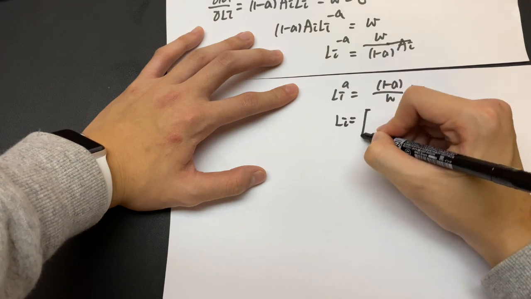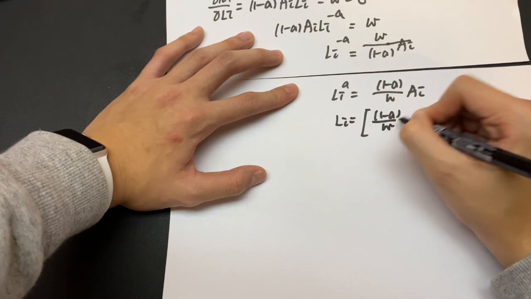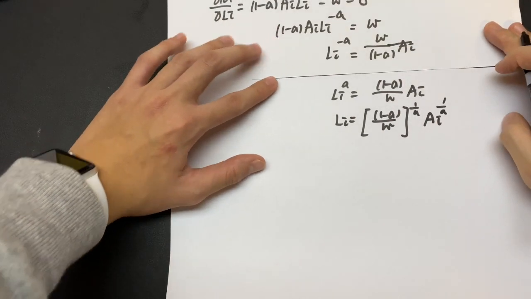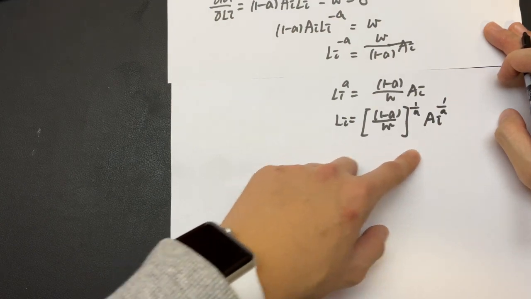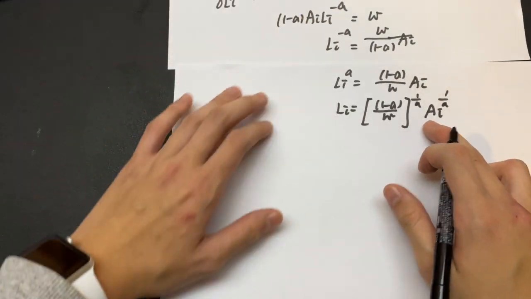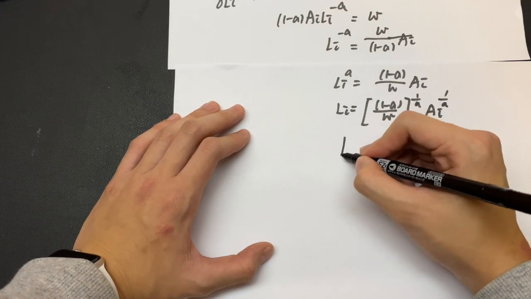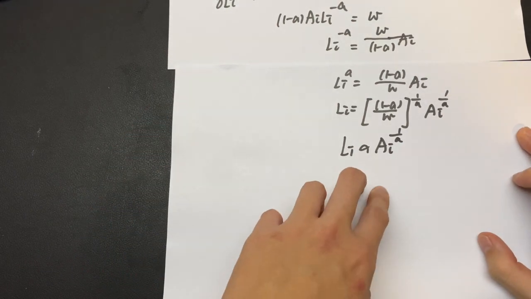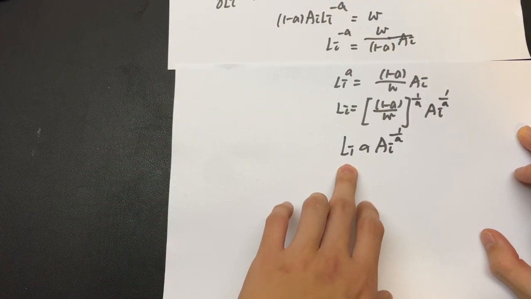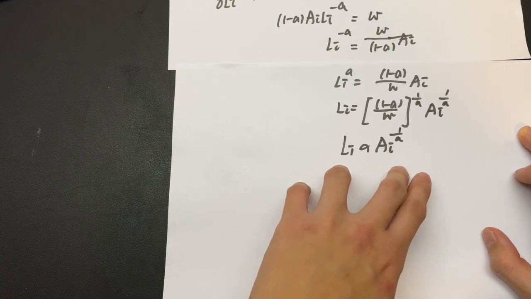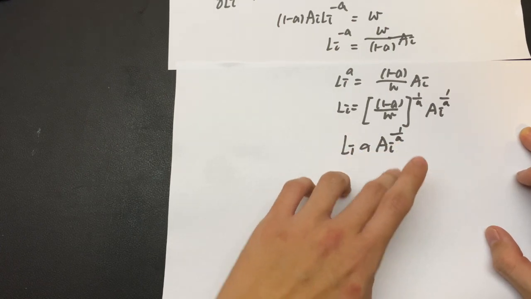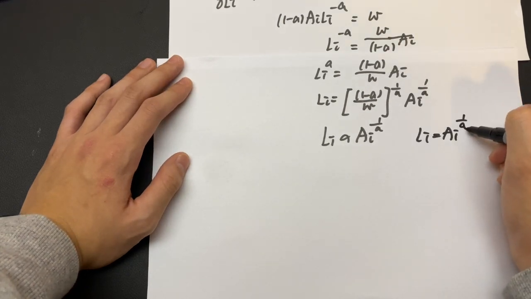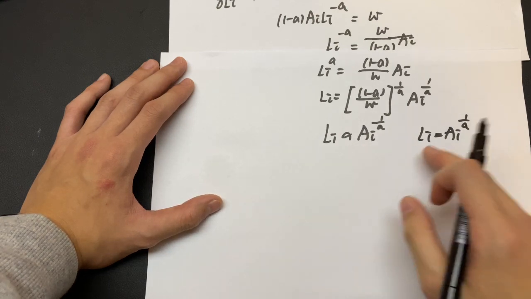Finally, we get this. We can see all these terms here are constant. Then this is the only variable, Ai, the TFP. So that means the relationship between labor for firm i and the TFP for firm i is an inverse variation. Or simply we can think of it this way: this is a one-to-one relationship.